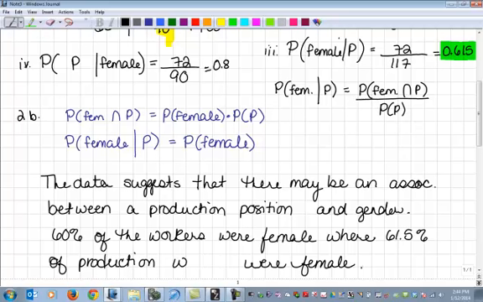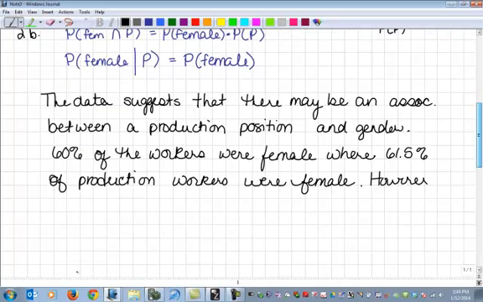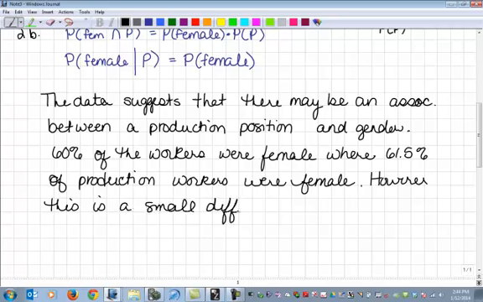However, this is a small difference and maybe due to sampling error.